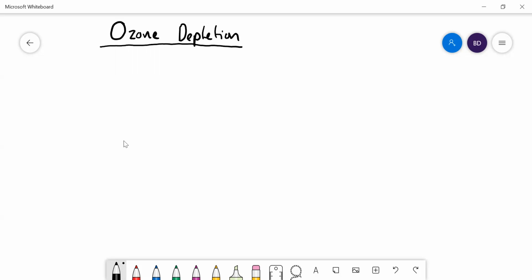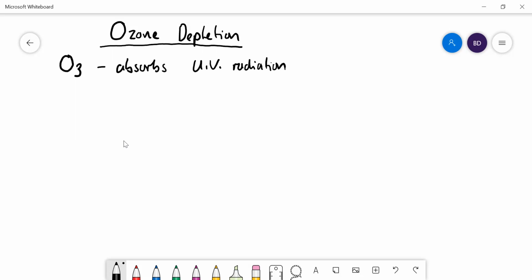Ozone is O3, and at ground level, ozone is a pollutant, causes breathing difficulties, but higher up in the atmosphere, there is quite a bit of O3 and it absorbs UV radiation, and that's very important because UV, of course, causes mutations and can cause skin cancer in human beings, and can cause mutations in plants and animals and so on.